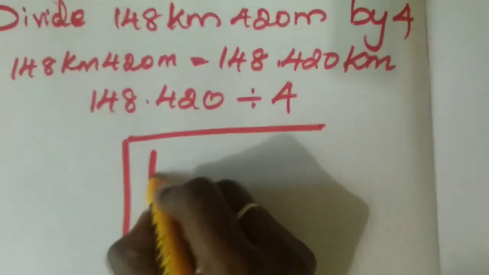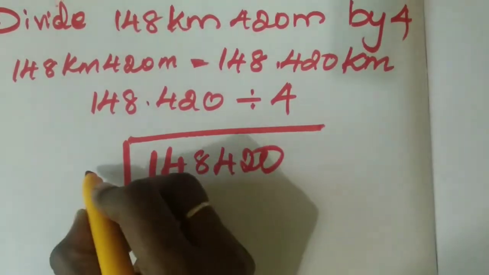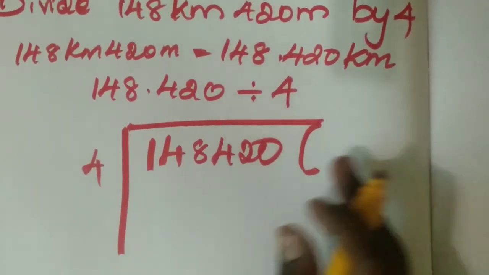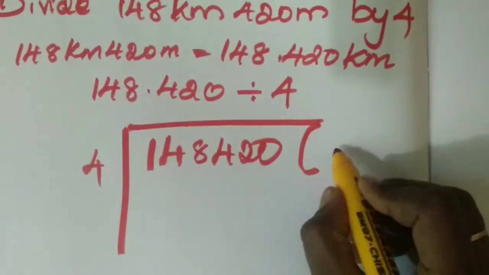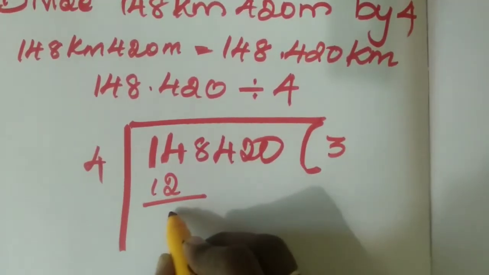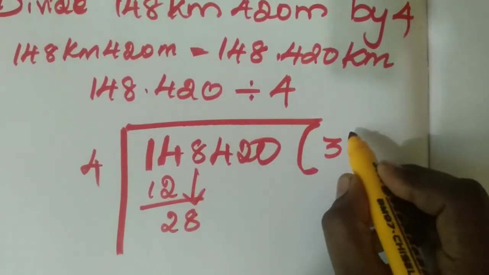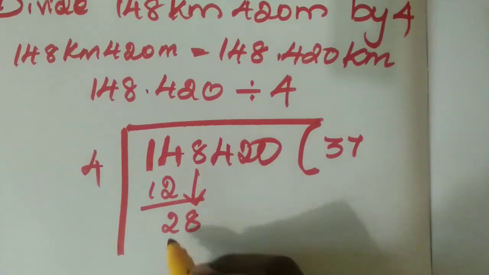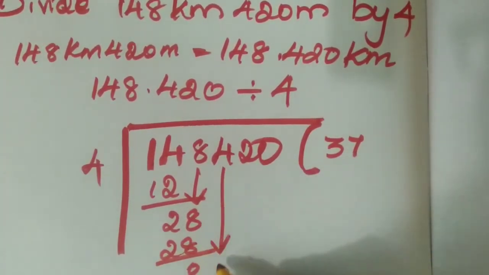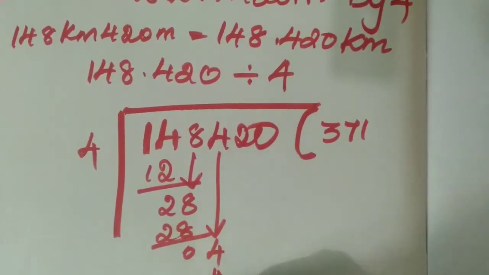So kindly do along with me, guys. This is the place for the quotient. 4 3s are 12, so remaining 2, bring down this 8. 7 4s are 28, so remainder 0. Bring down this 4, 1 4 is 4, so you get remainder 0.